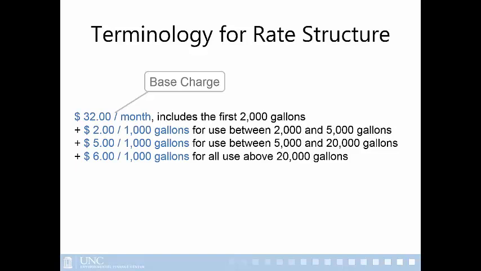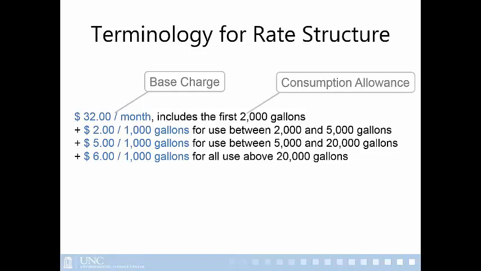There are different terms that utilities use for the same thing. In this case, it's $32 per month. We call it a base charge. Some utilities might call it a minimum charge or a fixed charge or an administrative charge. Whatever you call it, it's the same thing. It's whatever the dollar per month or dollar per billing period is, regardless of the consumption of use. So I'm going to be calling that base charge.